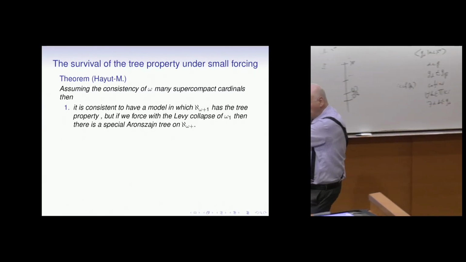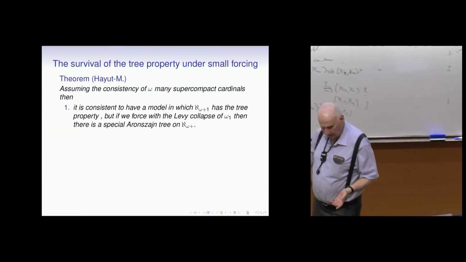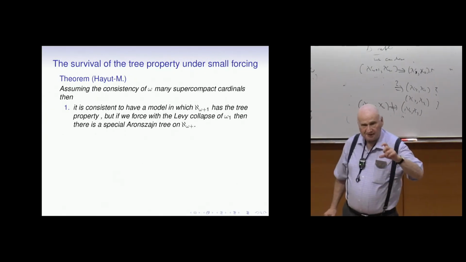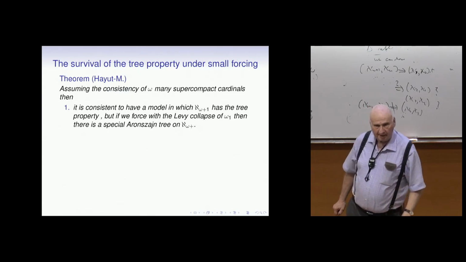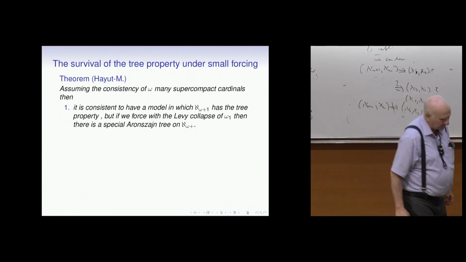So now if you think about, for instance, stationary reflection at a successor of a singular, if you do forcing smaller than the singular, definitely that preserves stationary reflection. Every new stationary set contains an old stationary set, so if every stationary set reflects, you can reflect it to a point of high enough cofinality, so it's not affected by the small forcing.